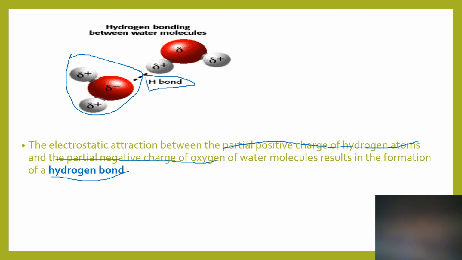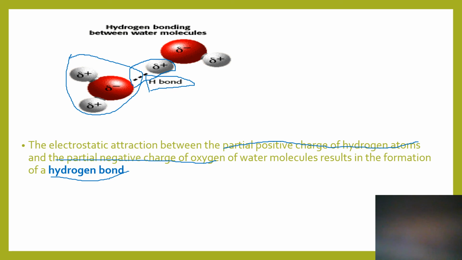charge. Therefore, whenever two water molecules are close to each other, the partial negative charge of oxygen makes a hydrogen bond with the partial positive charge of a hydrogen atom of another water molecule. So in this way, a hydrogen bond is formed.